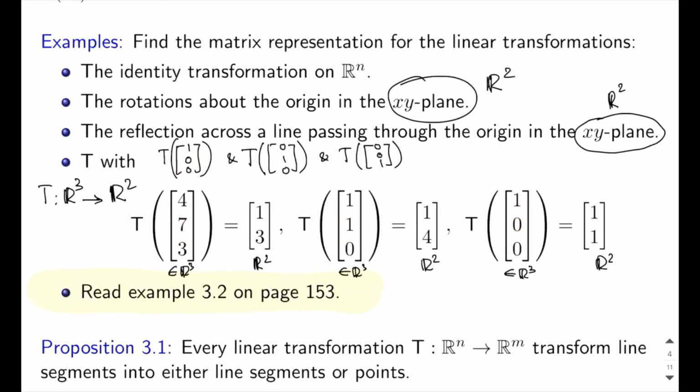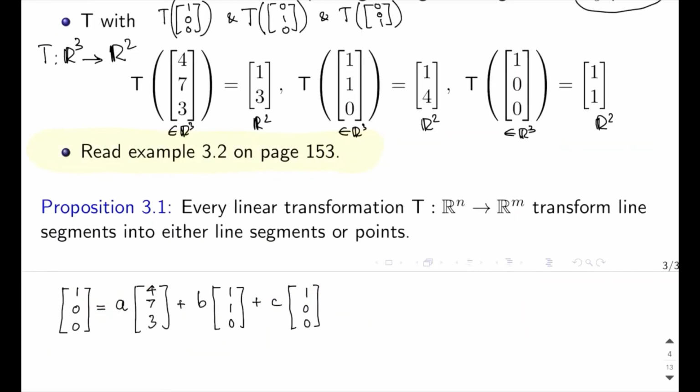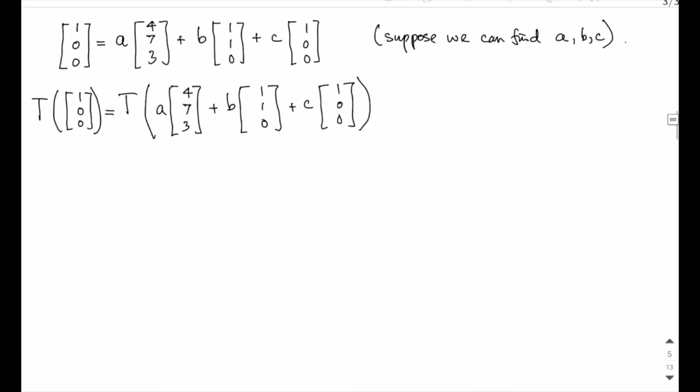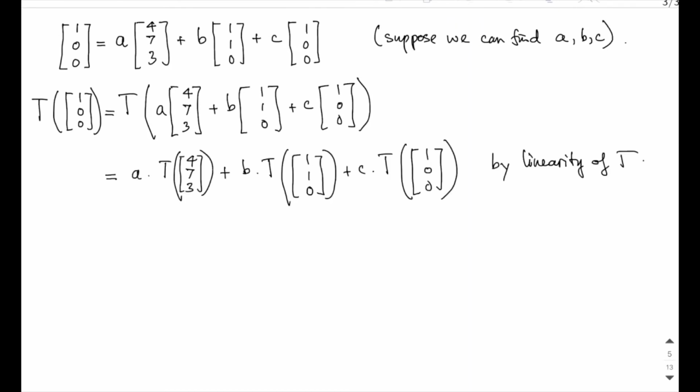So in order to find T of 1, 0, 0, you have to somehow utilize T of this, and T of this. To do that, we'll first represent 1, 0, 0 as a linear combination of the three vectors in R3. Then, because of the linearity property, we can draw this as A times T of this one.